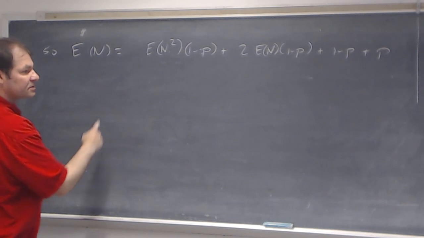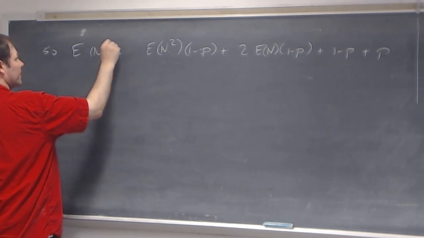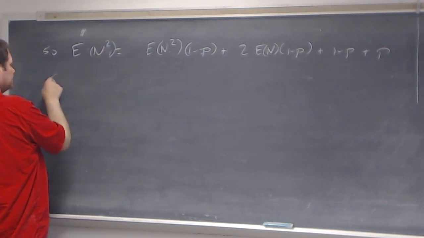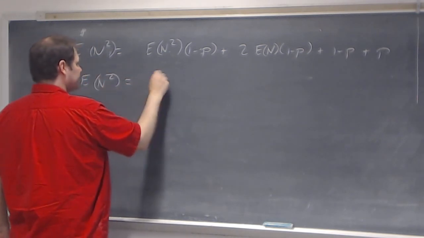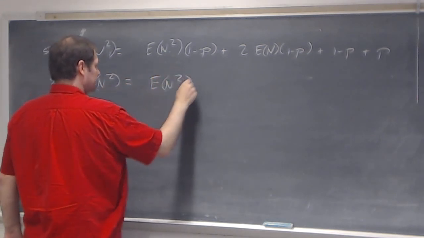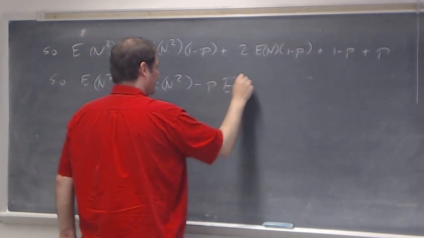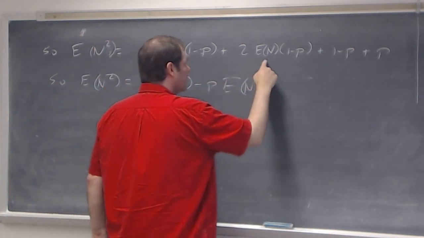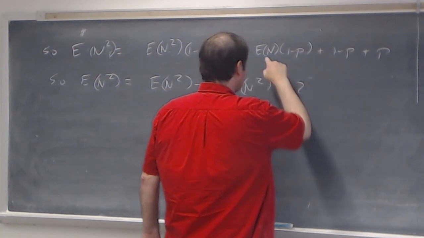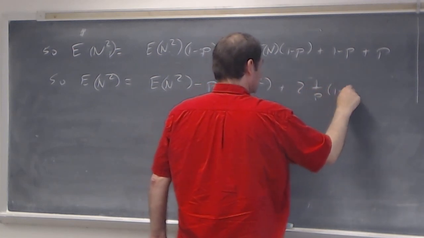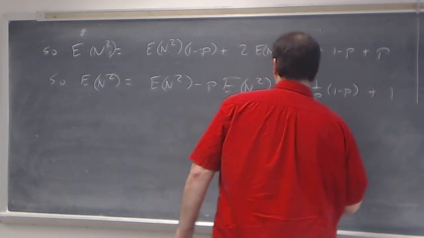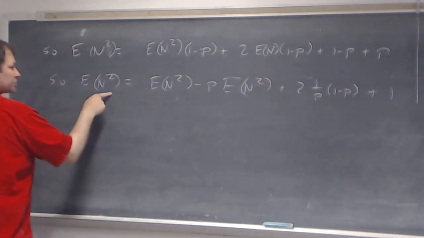I wrote down the wrong thing on the left, it's the expected value of N squared. That means the expected value of N squared is equal to the expected value of N squared minus p times the expected value of N squared, plus 2 times, we've already calculated this, 1 over p, times 1 minus p, plus 1. So when we subtract this, we get nothing.